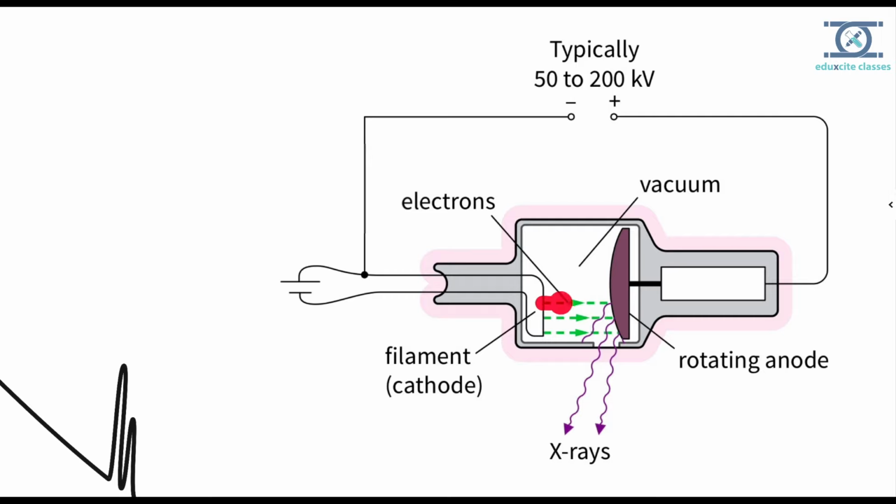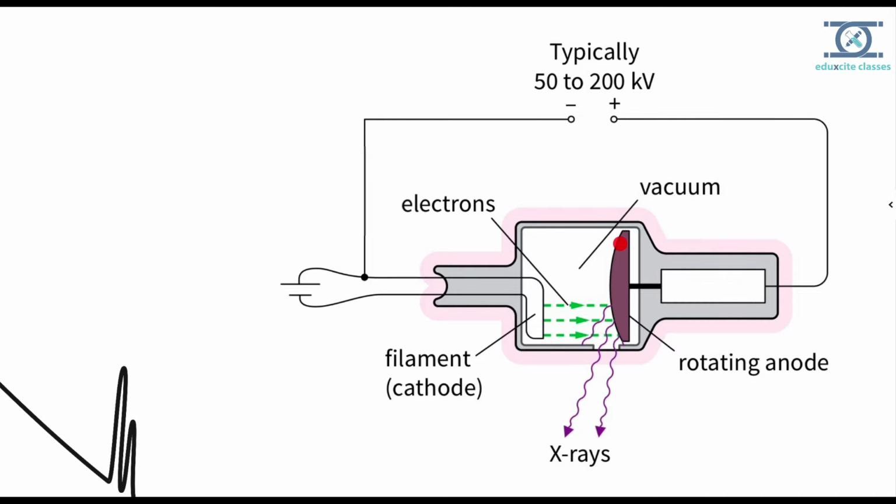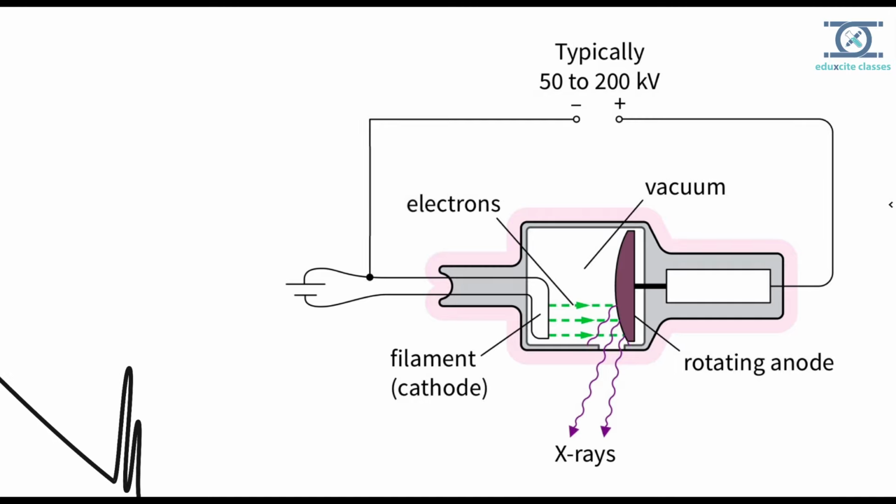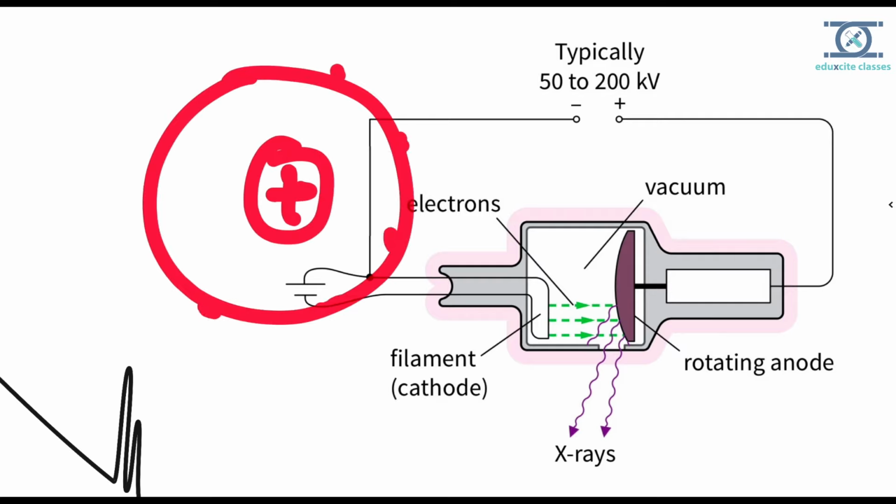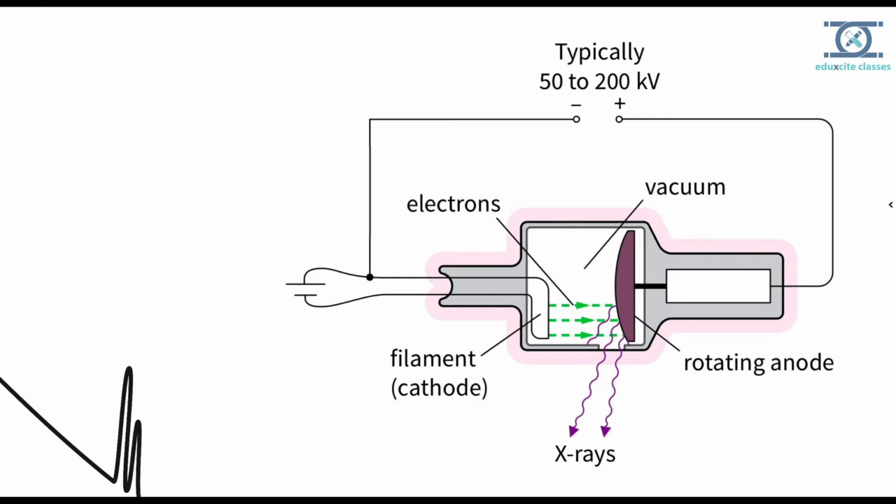When these electrons come towards the nuclei or the atoms of the metal target, they get decelerated, because you know that all atoms have electrons orbiting around the nucleus.